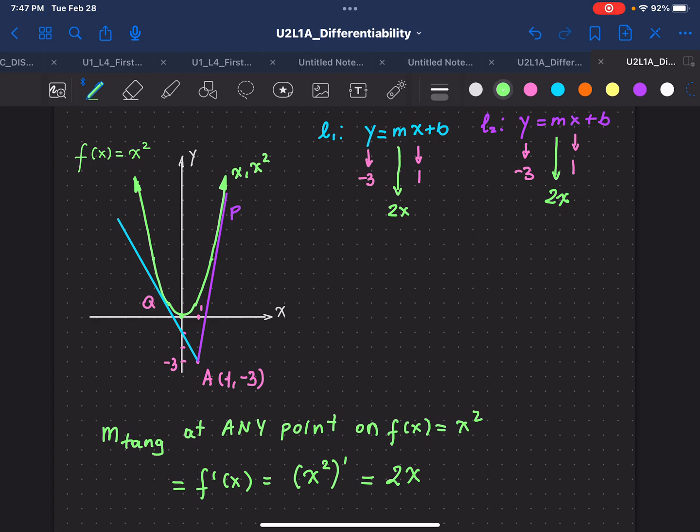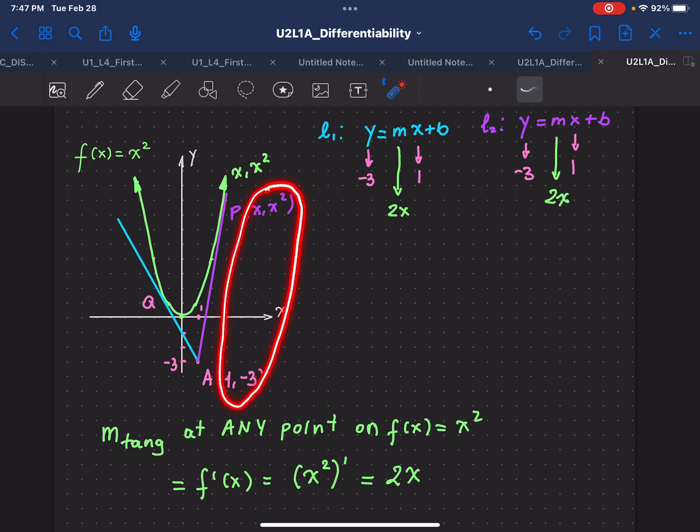So we're going to say that the point P will have the coordinates whatever x is, then the y coordinate will be x squared. So if you are drawing the tangent that passes through the point 1, -3 and x squared, then we can in some way create an expression for the slope of the tangent that will pass through specifically point A.